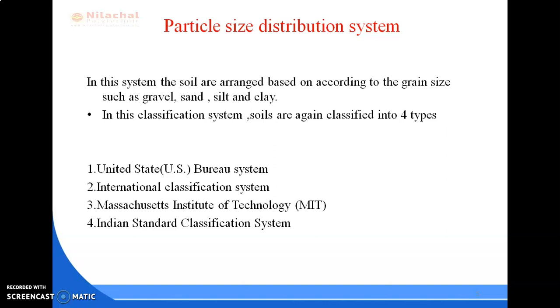It is preferable to use the words silt size and clay size in place of simply silt or clay, particularly in the particle size classification system. So again these are of 4 types.